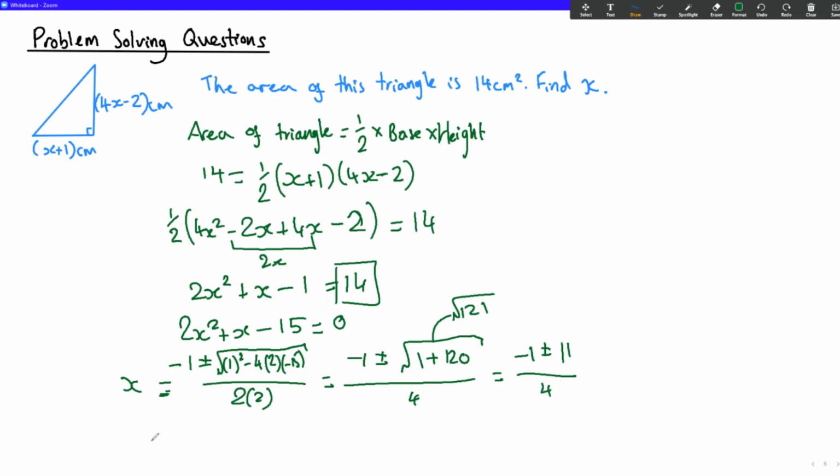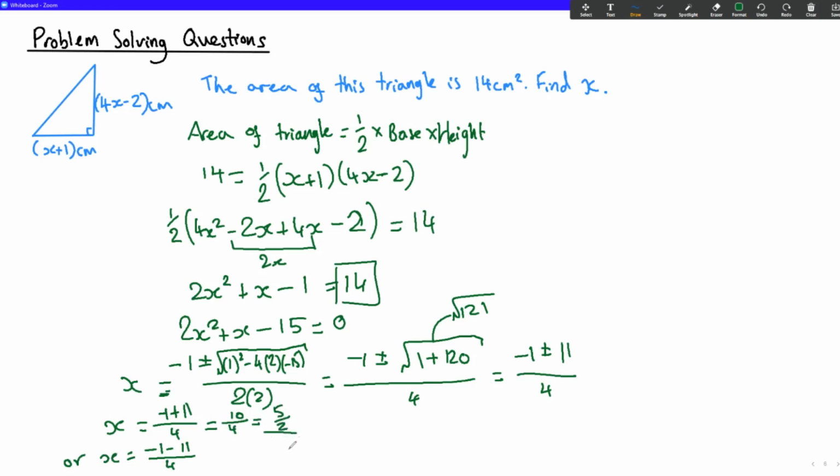Okay, so now what we can do is we can split up the plus or the minus, the plus and the minus. So we get x equals minus 1 plus 11 over 4. Or x equals minus 1 minus 11 over 4. This equals 10 over 4. Which is just 5 over 2.